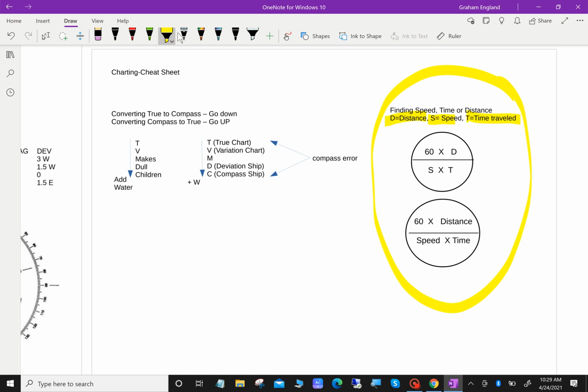As soon as they mention the word compass, you've got to start thinking about using your compass conversion calculation, which is TV makes dull children add water, where T stands for true, V stands for variation, M is your magnetic heading, D is your deviation, and C is your final compass.